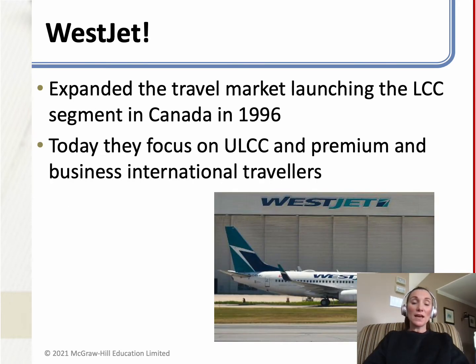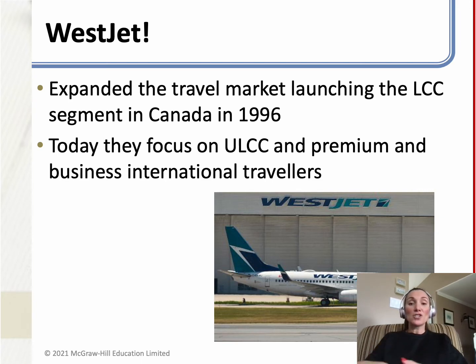The opening vignette in this chapter is on WestJet. In 1996, WestJet recognized that there was an emerging market segment of low-cost travel that was successfully implemented in the United States by Southwest Airlines. And they asked, why is this not happening in Canada?